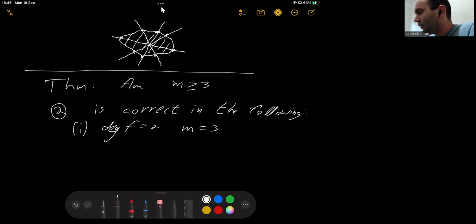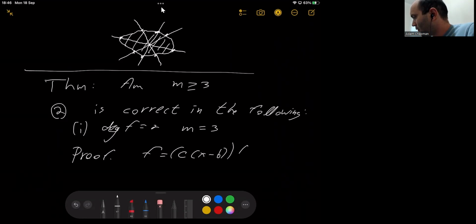How does it work? The proof is quite easy. So we're using everything we know about octonion polynomials, right? We know that every octonion polynomial decomposes into linear factors, so you can write the polynomial as c times (x minus b), all of that times (x minus a).